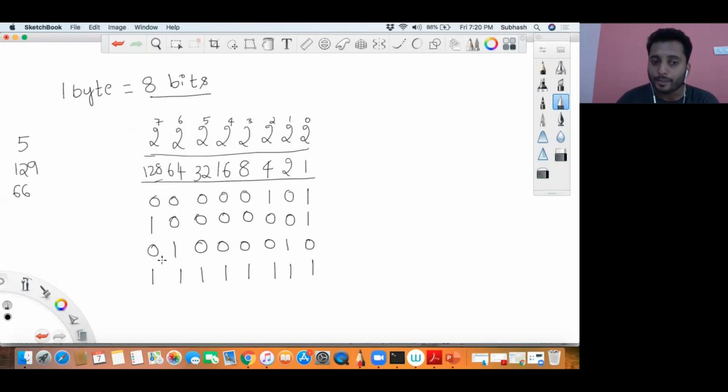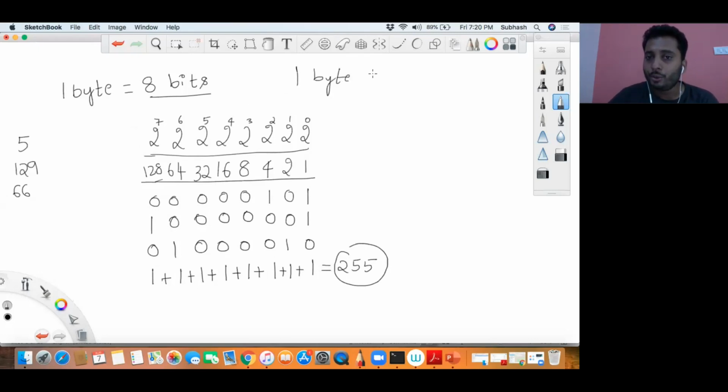So if you add this, that is 128 plus 64 plus 32 plus 16 plus 8 plus 4 plus 2 plus 1, this will result in 255. So you cannot store a number bigger than 255 in 1 byte of memory location. Therefore, the biggest number that you can store in 1 byte is 255.